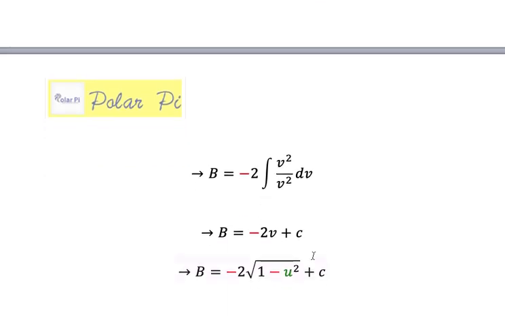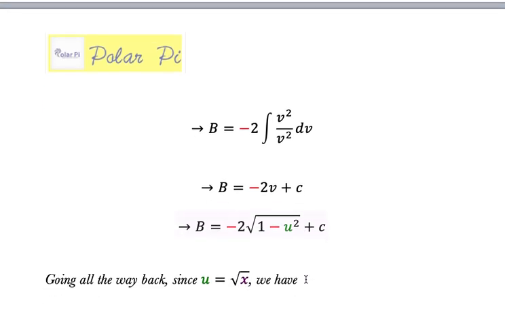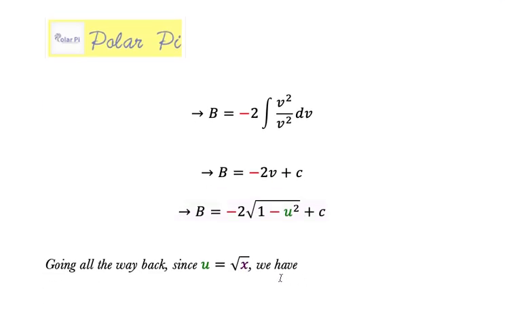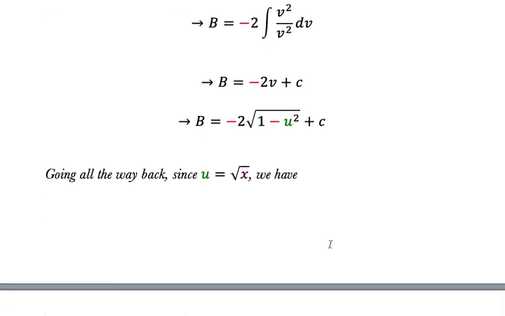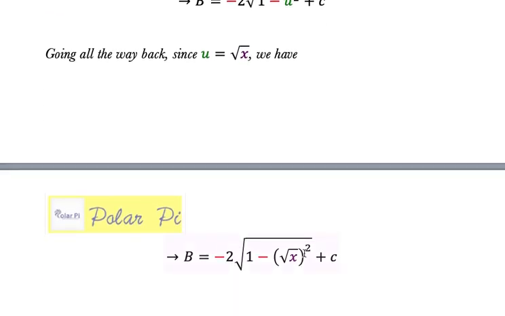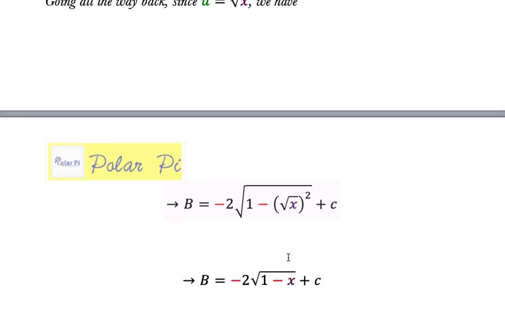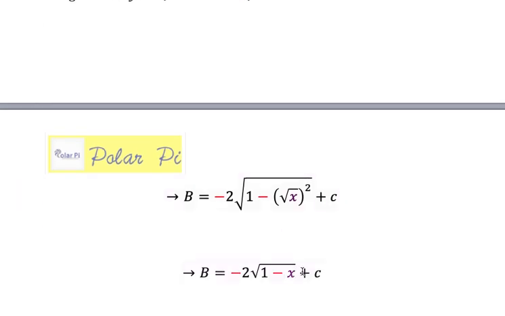Okay, and now remember v was the square root of 1 minus u squared, so we bring it back, and here we are. And finally, since u is equal to the square root of x, we replace this u with square root of x, and so we get square root of x squared, and that's just x. And so here we are, and so b is finally going to turn into this, simplifying this, right?